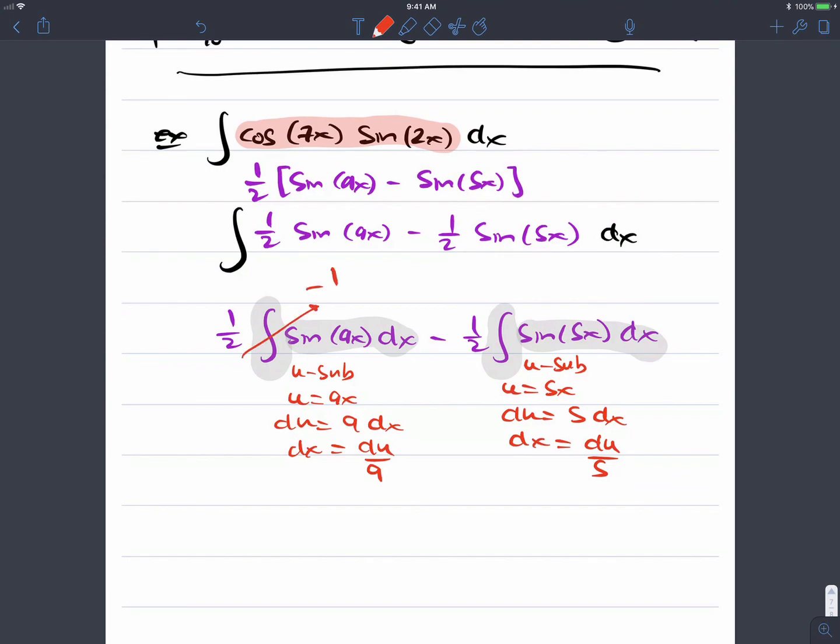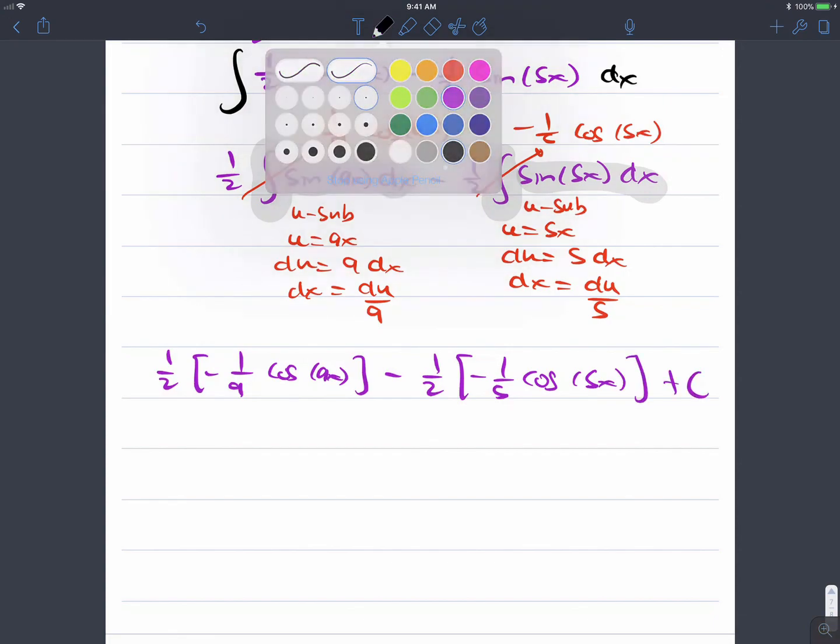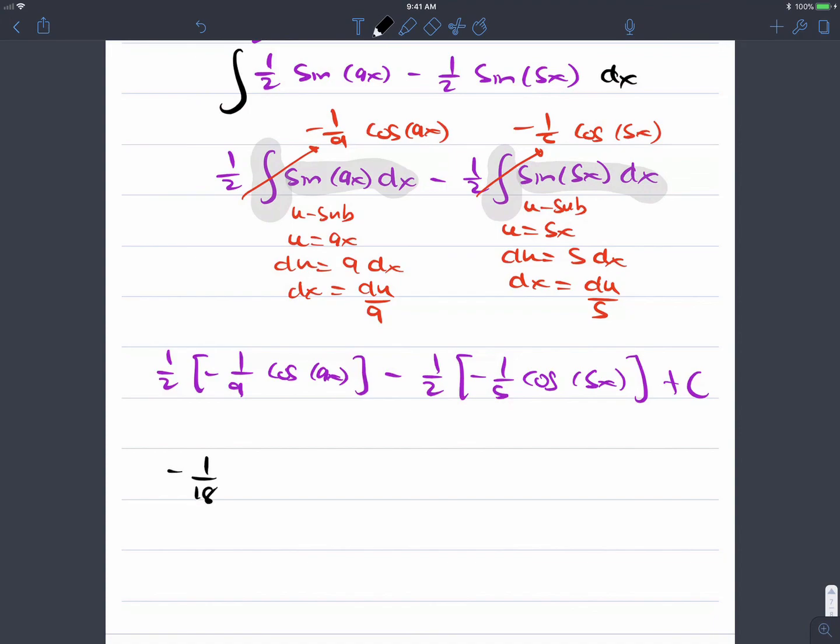This integral becomes negative 1/9 cosine 9x, negative 1/5 cosine 5x. 1/2 multiplied to negative 1/9 cosine 9x minus 1/2 multiplied to negative 1/5 cosine 5x. Don't forget to add your constant. Negative 1/18 cosine 9x plus 1/10 cosine 5x plus your constant c.